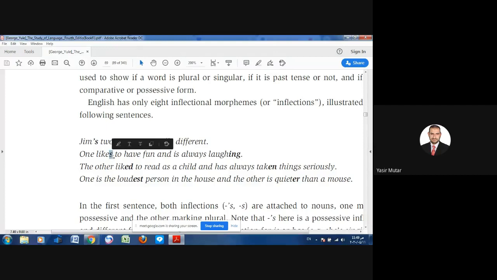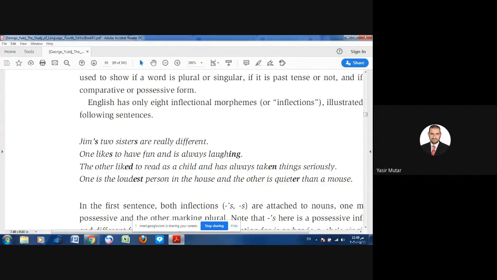So this s is called third person singular. It's different from the plural s: that one identifies the plural form, but this one is used to identify the third person singular.